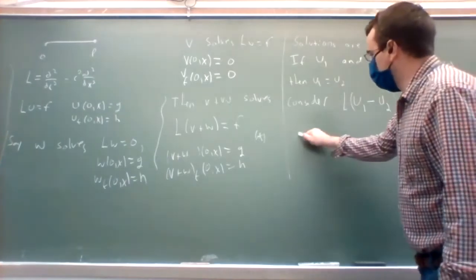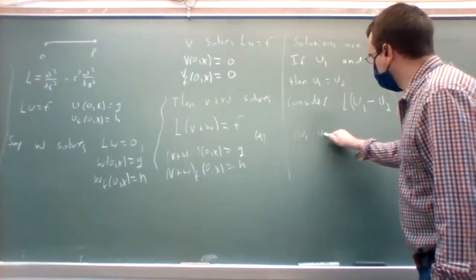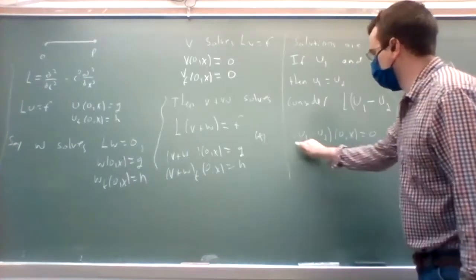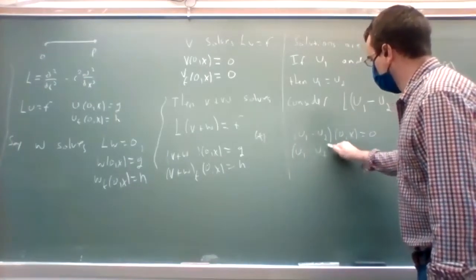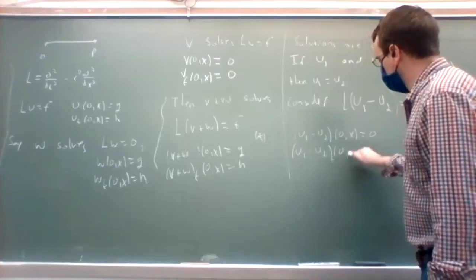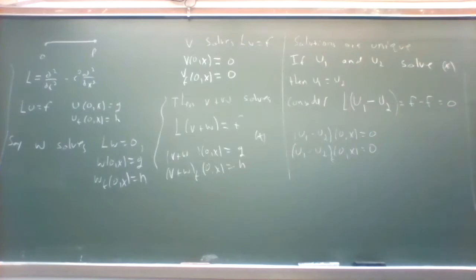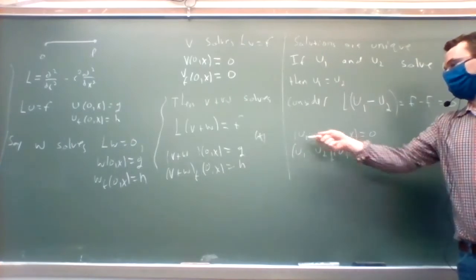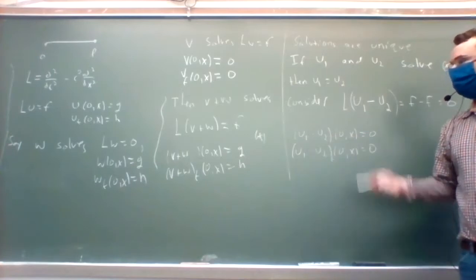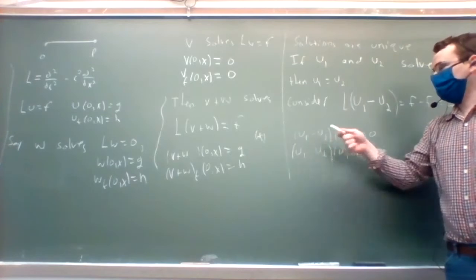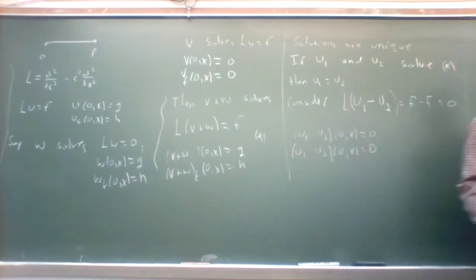And it'll also be true that the initial conditions are equal to 0 for the same reason as before, because when you restrict U1 and U2 to t equals 0, you get G both times, so their difference has to be G minus G equals 0.